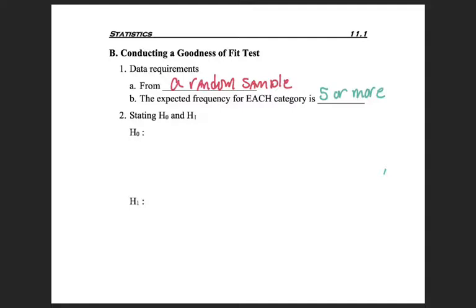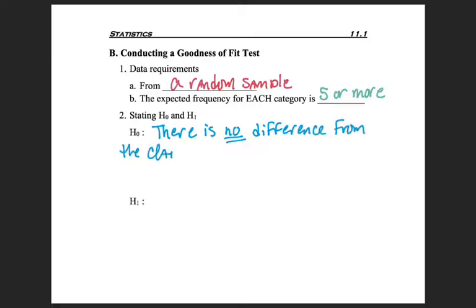So when it comes to stating the null and alternate hypothesis, there's a very specific format. When it comes to H0, the format is there is no difference from the claimed distribution. Now, it might be something like the distribution is normal or uniform, or however it's worded.